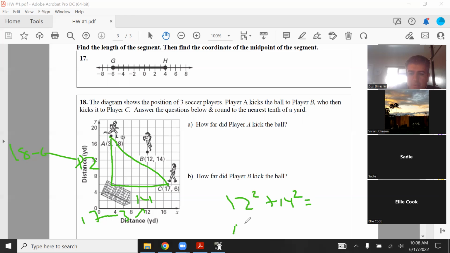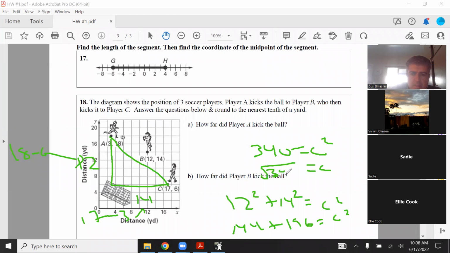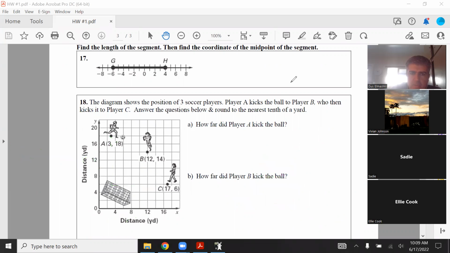You get 144 plus 196, which is a pretty big number. That's 340. So root 340.